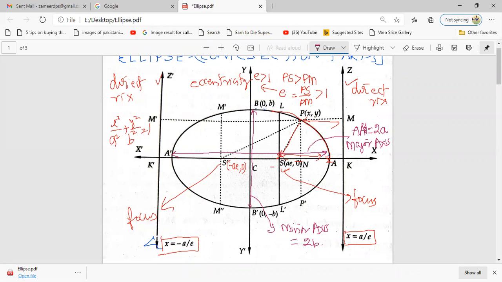This is the origin O, this is the x axis, x O x dash, and this is the y axis.